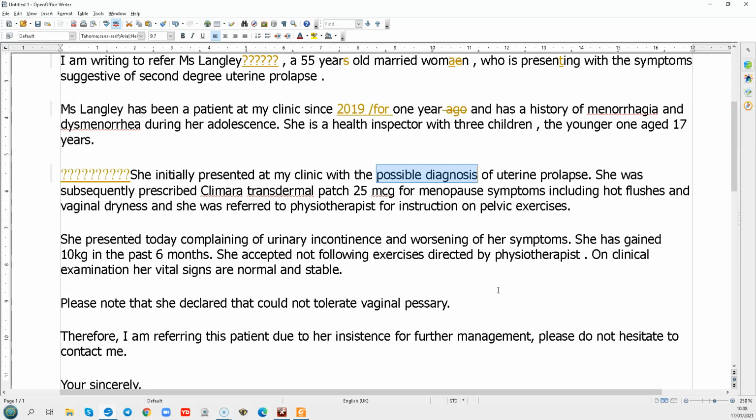Okay? What symptoms? You know, what did you discover upon examination, for which she was prescribed, commenced on, blah, blah, blah.